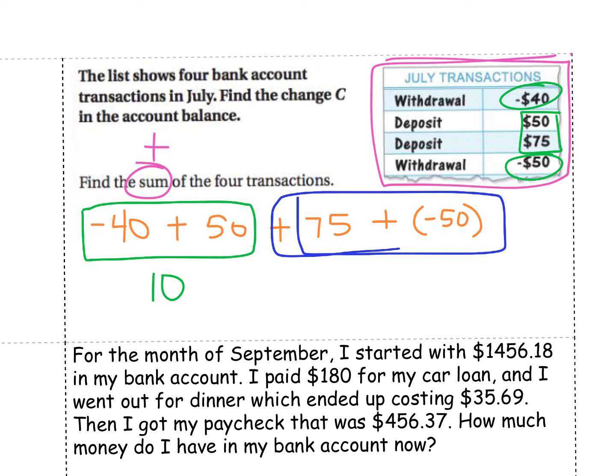So I'm at 75, take away 50. I know it's a positive 25. And then I'm left with a really easy problem, which is $35. Okay? It's a $35 change, and it's positive, so I have $35 extra in my bank account. You guys can add this up a whole bunch of different ways, but 2 at a time is what makes it easiest.